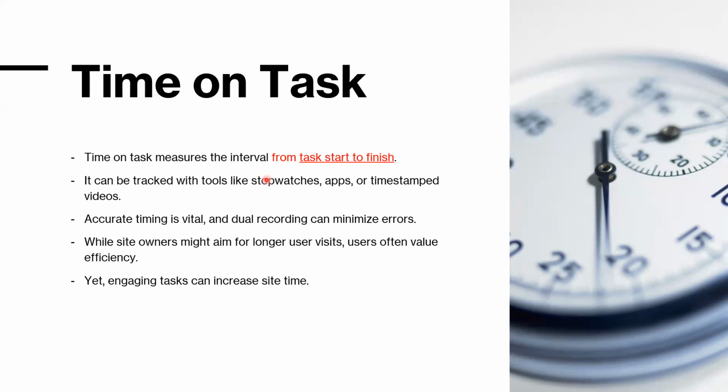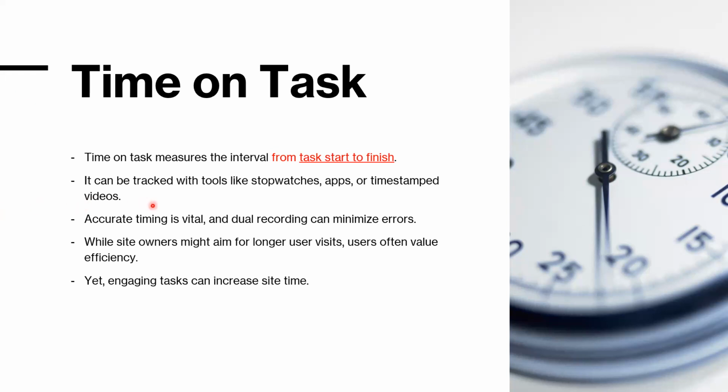So how can you do it? You can measure it manually, basically with a stopwatch, a mobile phone, a recorder or whatever, right? Of course, if you use usability testing software, it can definitely measure all these intervals.